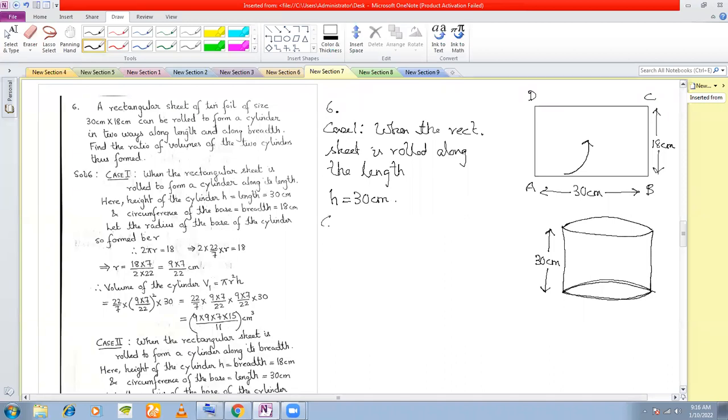And what else? Circumference of the base becomes 18 centimeters, right? Now, if the radius of this cylinder is, let us say, R, that means because it has a circular base, the circumference of the base will be 2 pi R, which is equal to 18. So from here you can find out the value of R, the radius of the base of the cylinder.